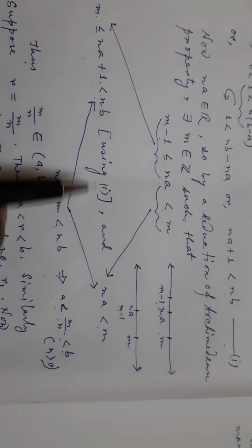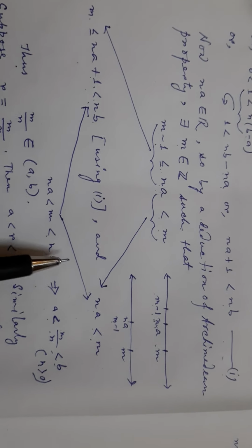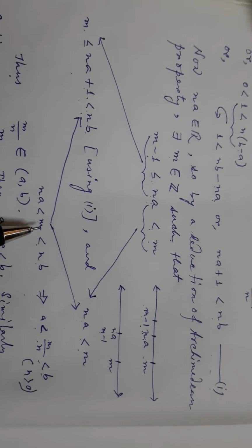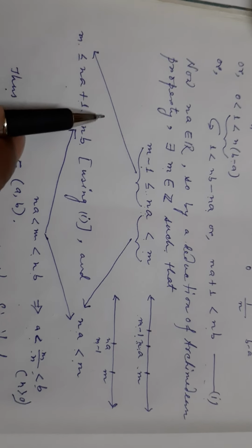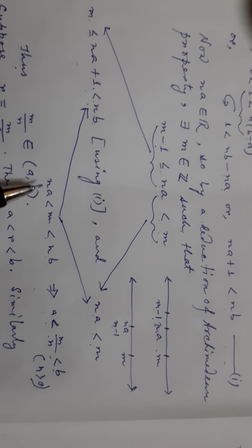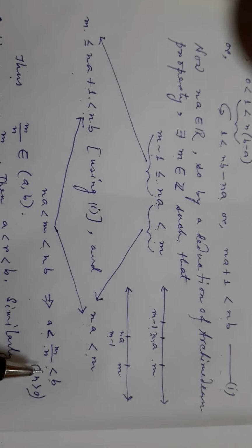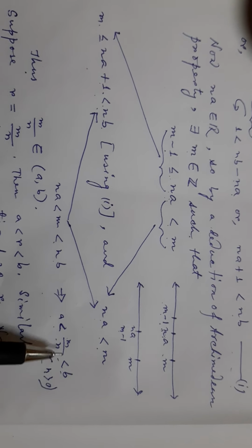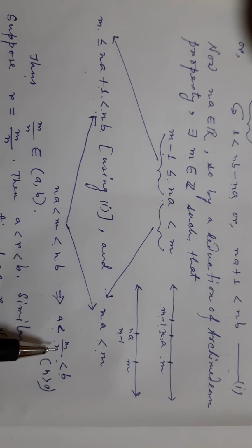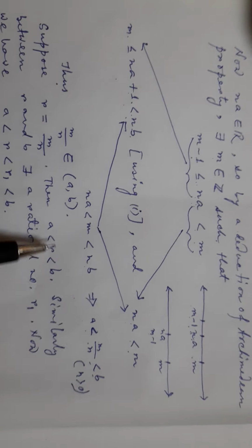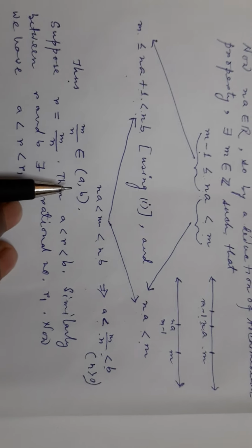Now from this and this we get the relation na < m < nb. Now we divide by n, and n is positive, so we get a < m/n < b. So we see that m/n is a rational number lying between a and b. So the first part is done.